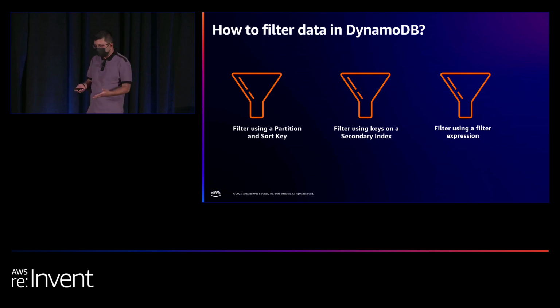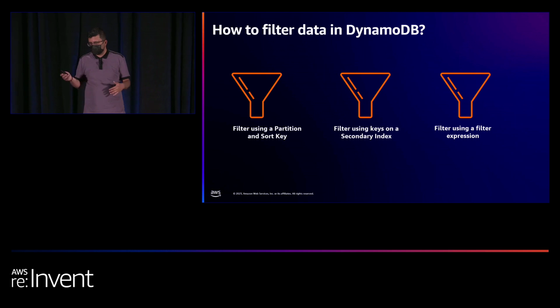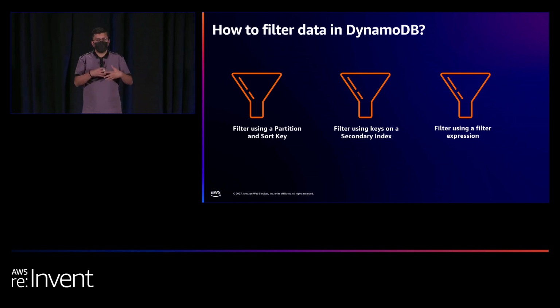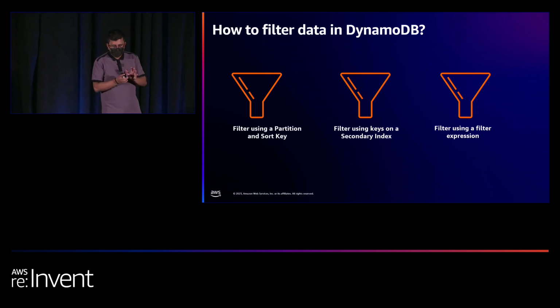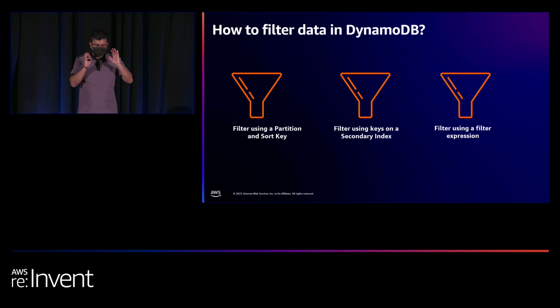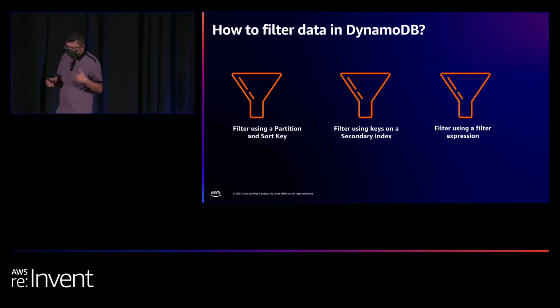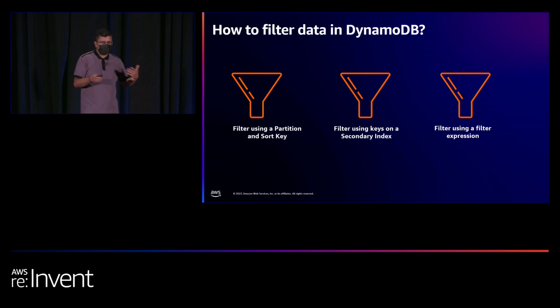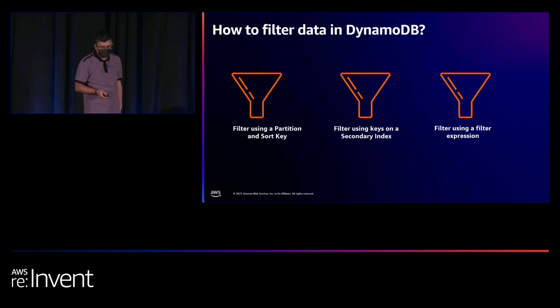You can filter using a partition key and a sort key, as Greg pointed out. That's why you have to choose the right partition key for your table. You have to choose the right sort key for your table so that the access pattern or API that you're building is mapped perfectly to that, and you are able to build your schema for the most highly accessed data, right?